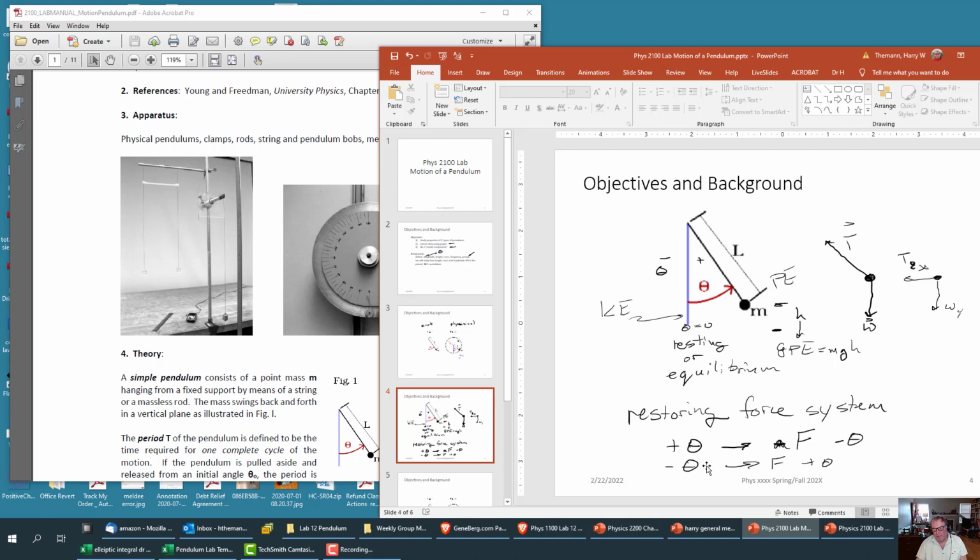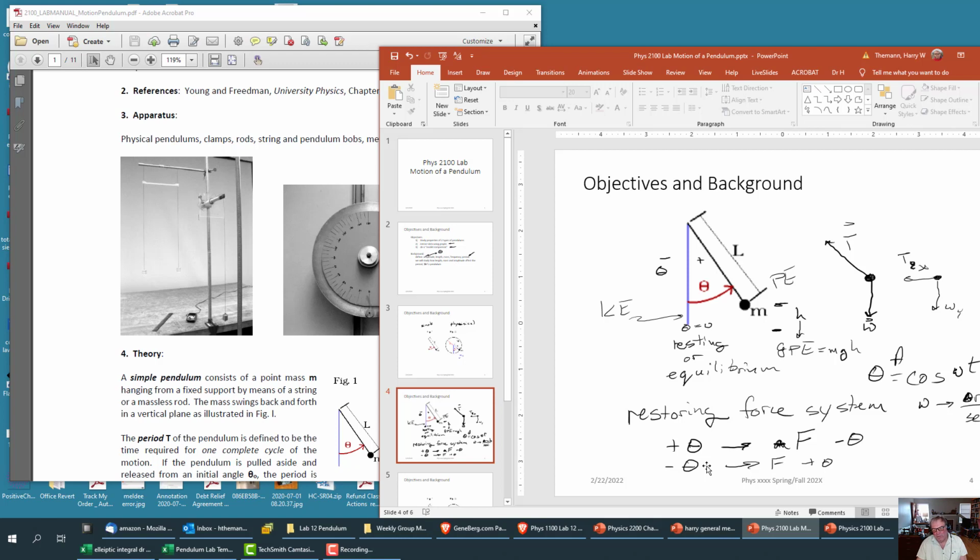And so you can create an equation of motion: theta equals A cosine of omega t, where omega is in radians per second, so it's an angular speed.